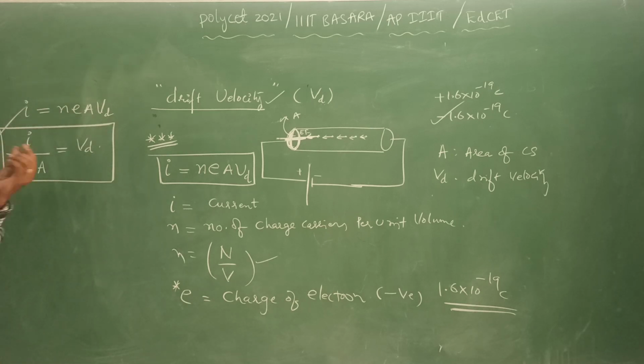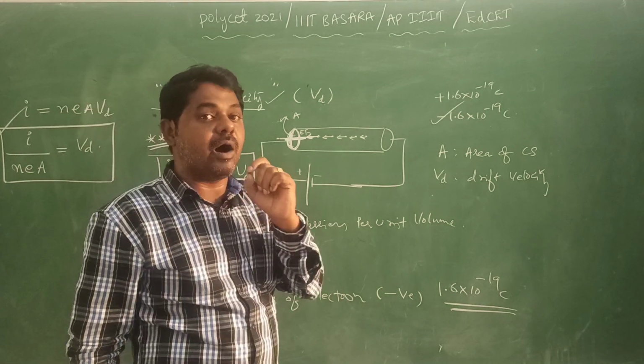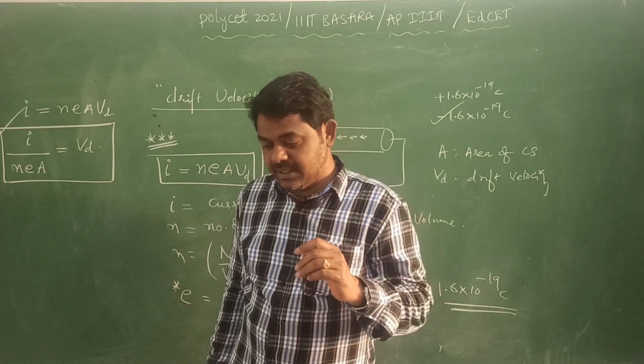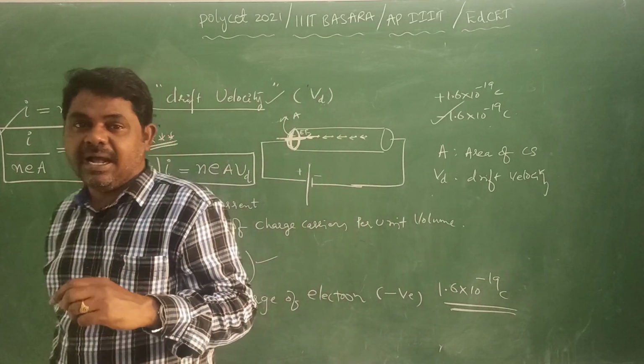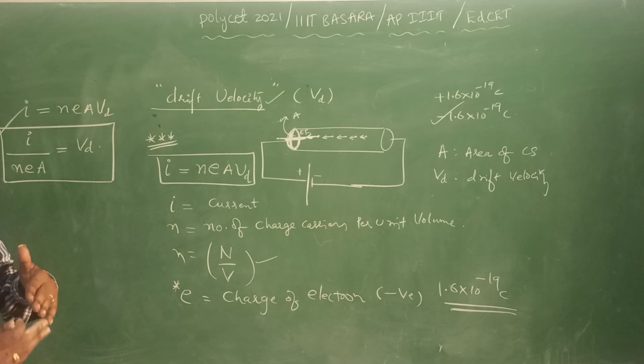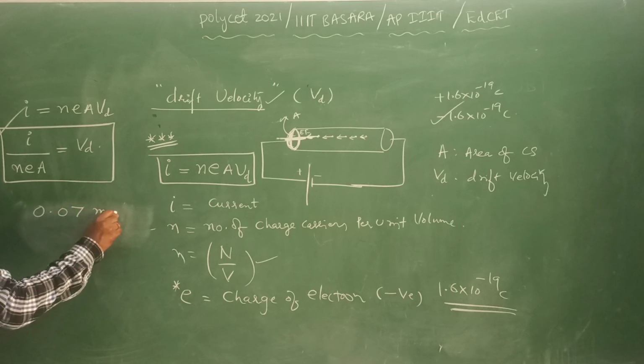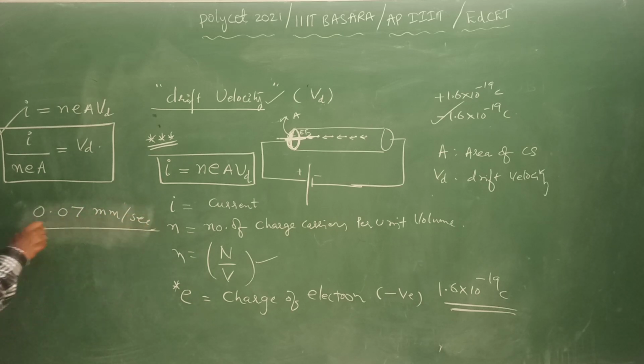And what is the value of drift velocity? Of course, in the textbook, the value of drift velocity is given for copper. He took copper as an example, and for one particular area he has given the value of drift velocity, and sometimes in the examination he asks the same question. So what is the drift velocity for copper? It is 0.07 millimeter per second.